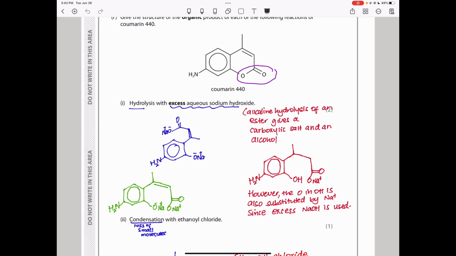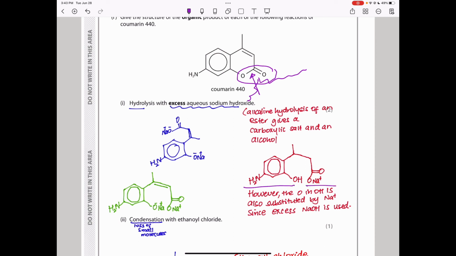So breaking the ester, again, remember the part that came from the carboxylic acid is the part that becomes a carboxylic salt. So we expect this bond to break from here. And that part will go to the carboxylic acid, forming the carboxylic salt, while this part here is going to become the OH, forming an alcohol, as you can see here.